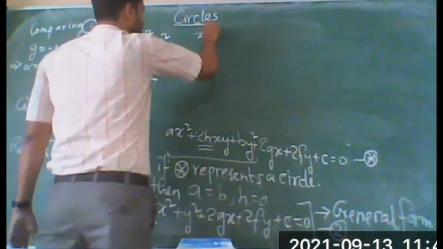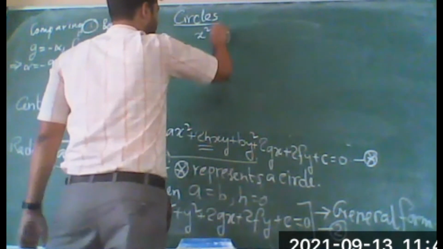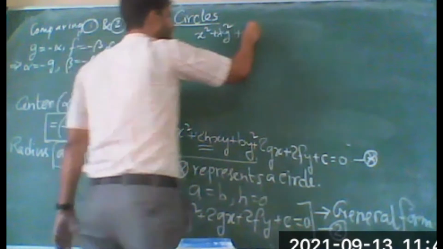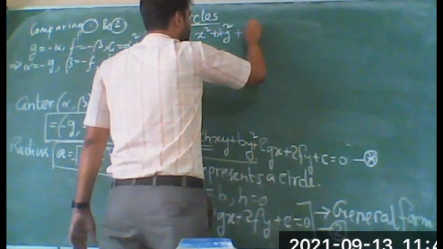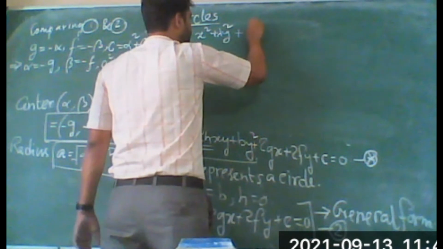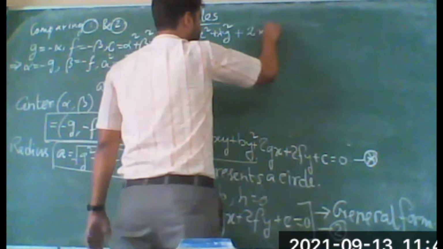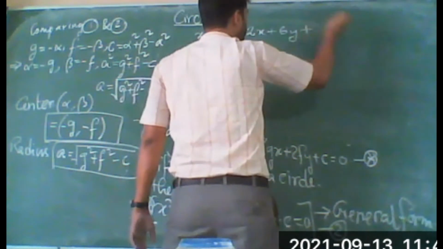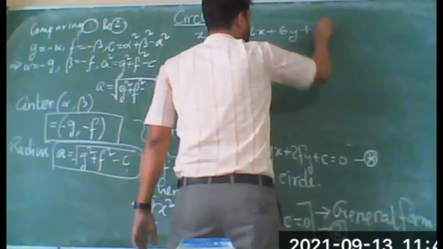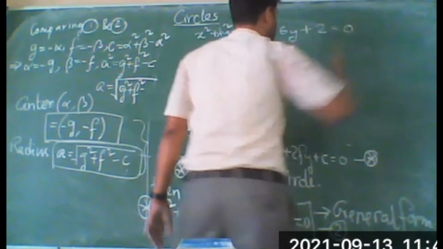that x square plus lambda y square plus 2x plus 6y plus 2 is equal to 0.